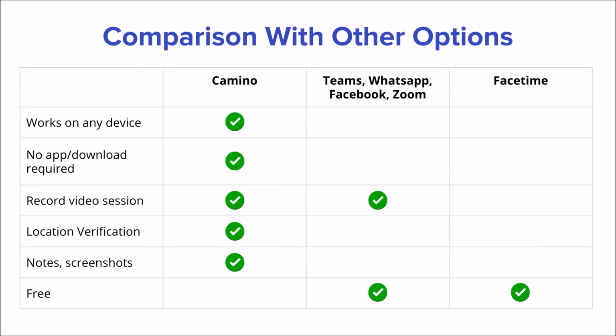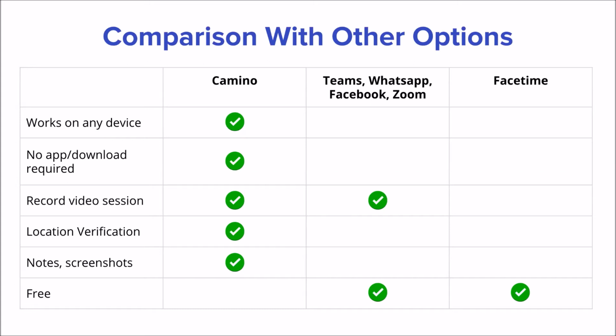FaceTime, Google Duo, those aren't going to record. So that's another thing to keep in mind if you're using those types of solutions. Now, of course, what those other options offer is they are free. And that is a nice benefit for agencies that are doing a very small volume. Those probably do make a lot of sense.